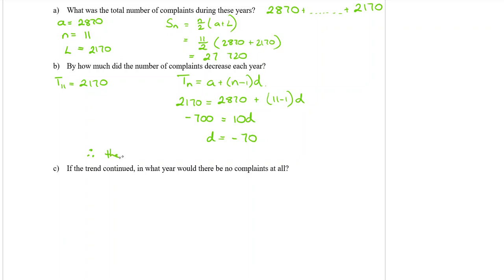Therefore, the number of complaints decreased by 70 each year. If the trend continued, in what year would there be no complaints at all?